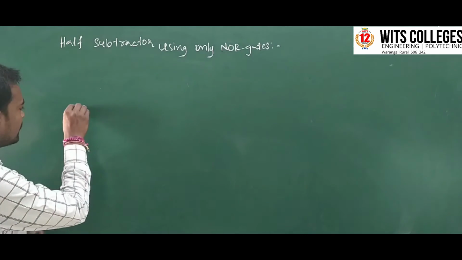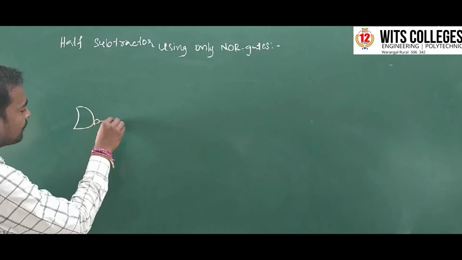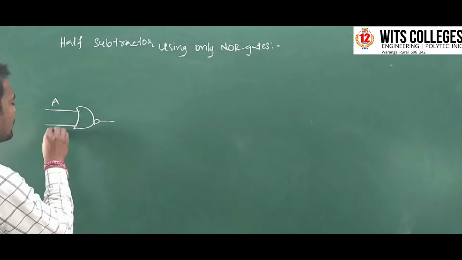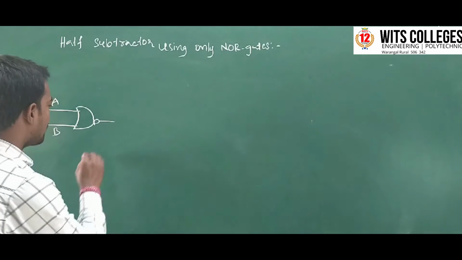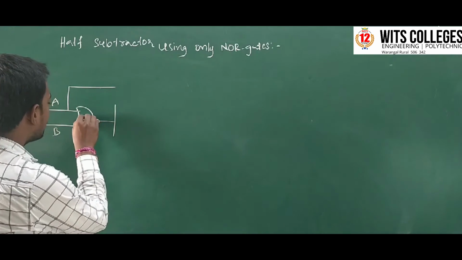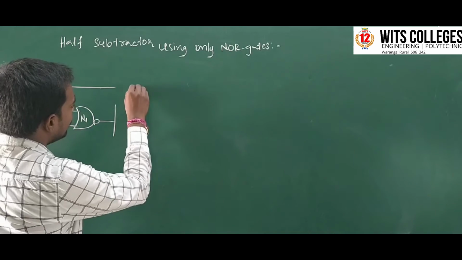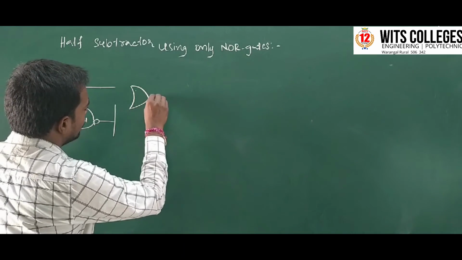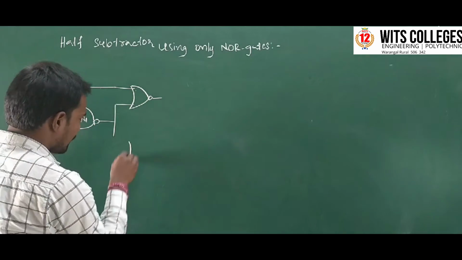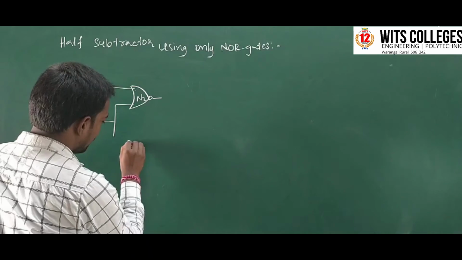So this is the basic NOR gate I am using, and I am giving both inputs, A and B. Both are the inputs, and this A is given to NOR gate 1 and to another NOR gate here. That takes the output of the first NOR gate, and this is NOR gate 2, and here I am connecting NOR gate 3.